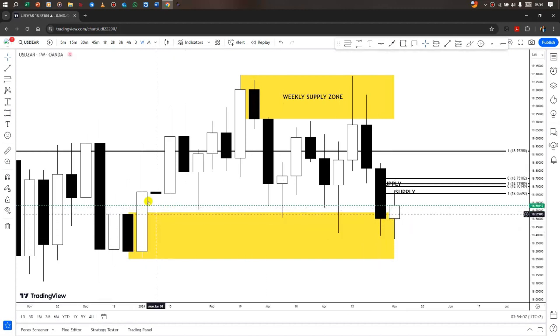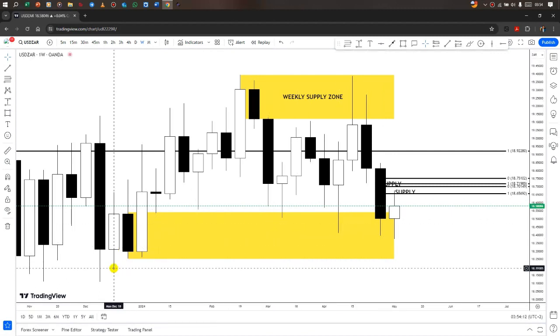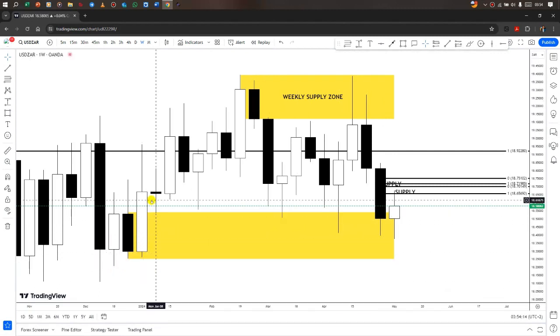You can see that it's been weakening due to multiple reactions on the zone. We had a rally-based rally demand zone, and this was the first reaction, the second reaction, third reaction, and this is the fourth reaction.